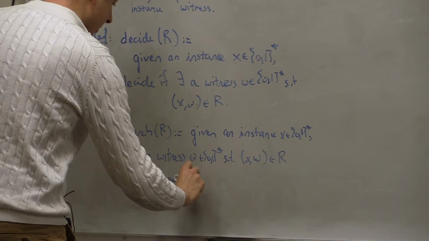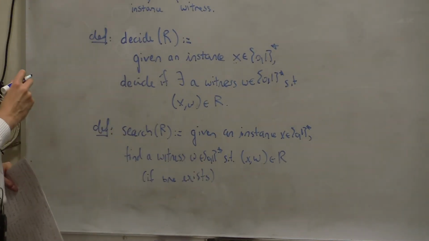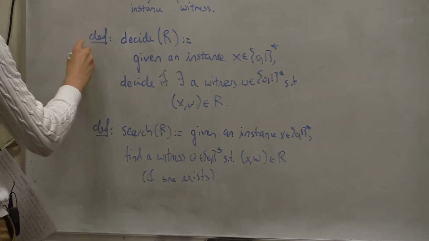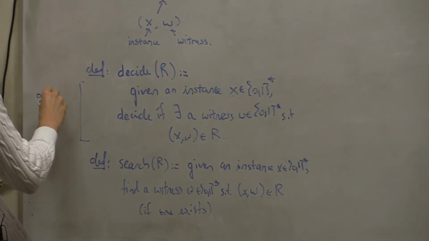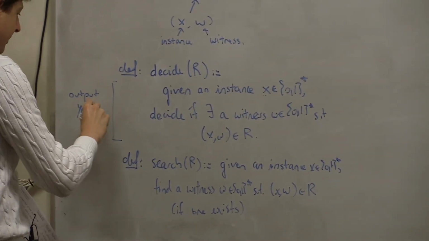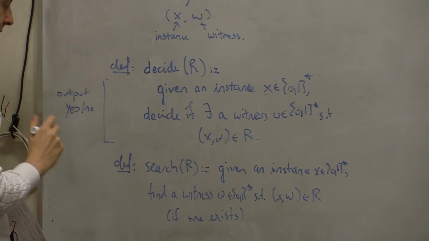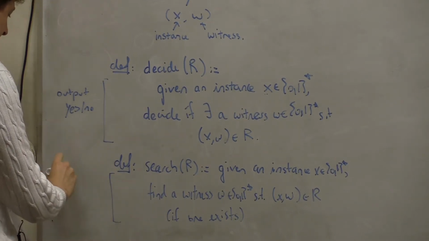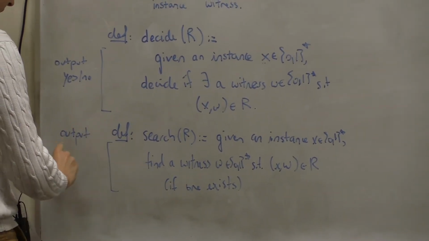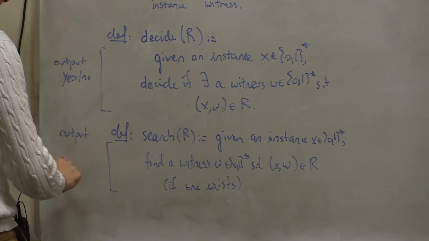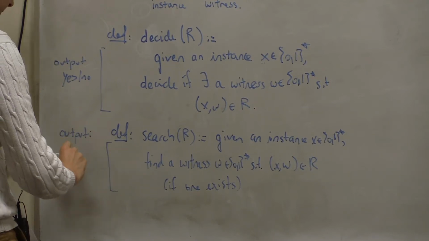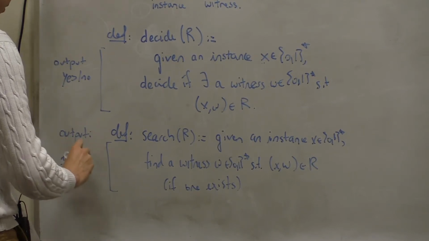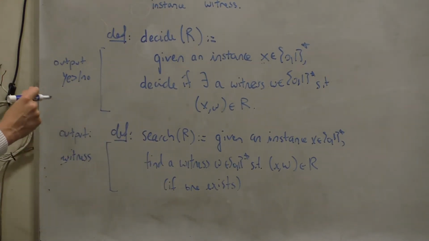It could be that there is no such w. Here the output is a yes-no answer, that's why we call this Decide. And here the output is the solution to the problem, the witness. So it's not necessarily a binary output.